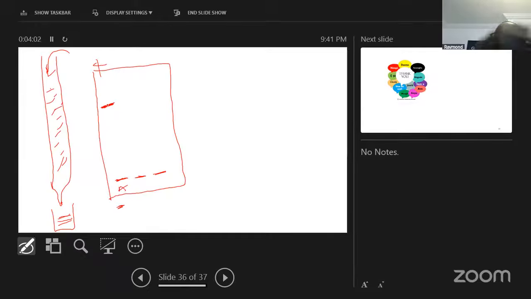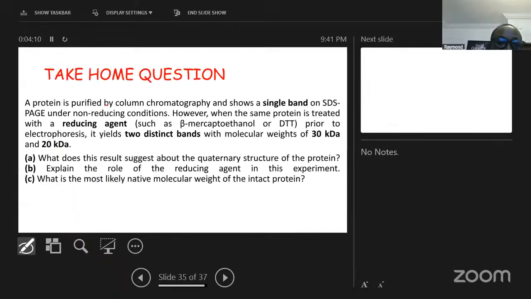But if the protein migrates, okay, now this is the question. Remember, the question says a protein is purified by column chromatography and shows a single band on SDS-PAGE under non-reducing condition.